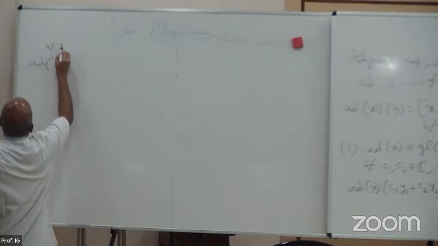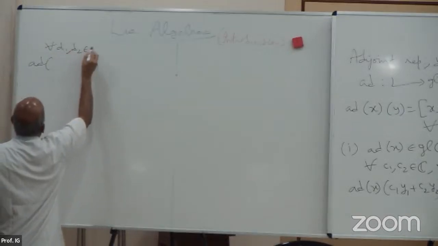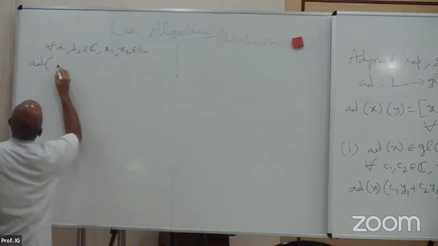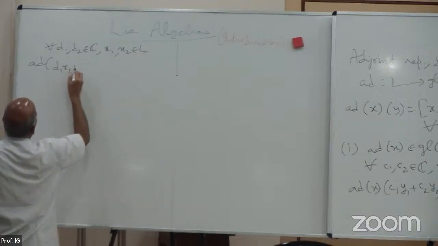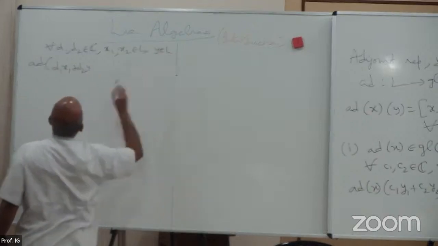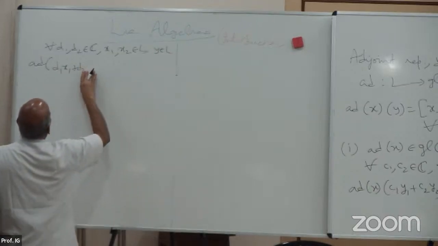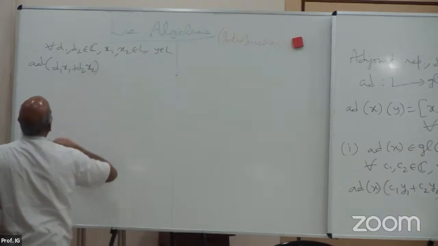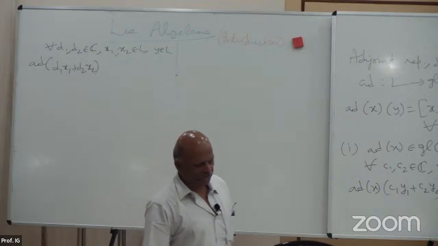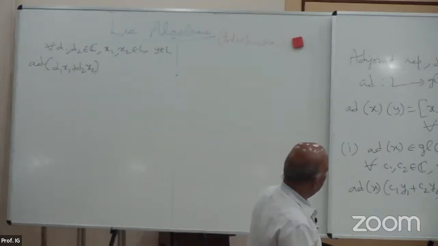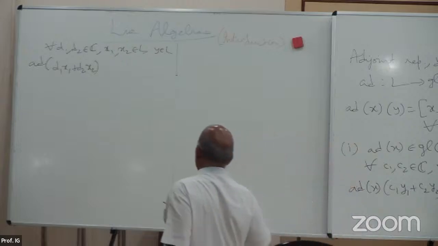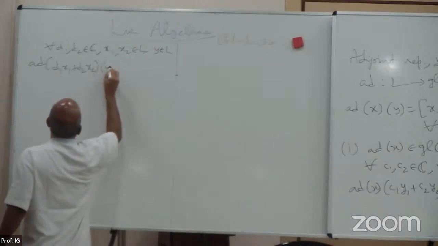For every d1, d2 in C, x1, x2 in L, we have to check what happens to ad of d1 x1 plus d2 x2. It should be d1 ad x1 plus d2 ad x2. This is a map from L to L, so we have to verify it on y.